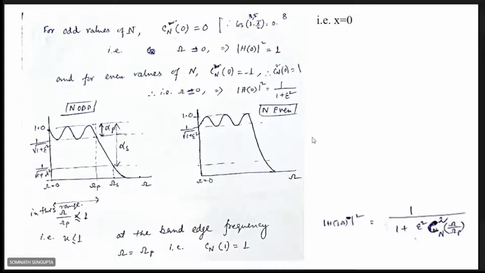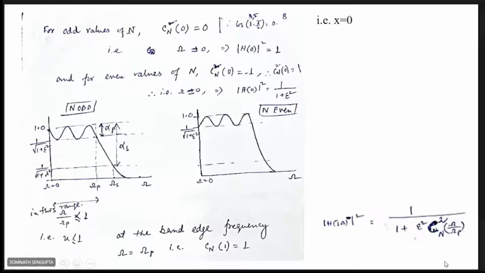Now at omega equal to omega p, it is Cn(1). Cn(1) means cos inverse 1, which is 0. So cos of n into 0 is cos 0, so it is 1.